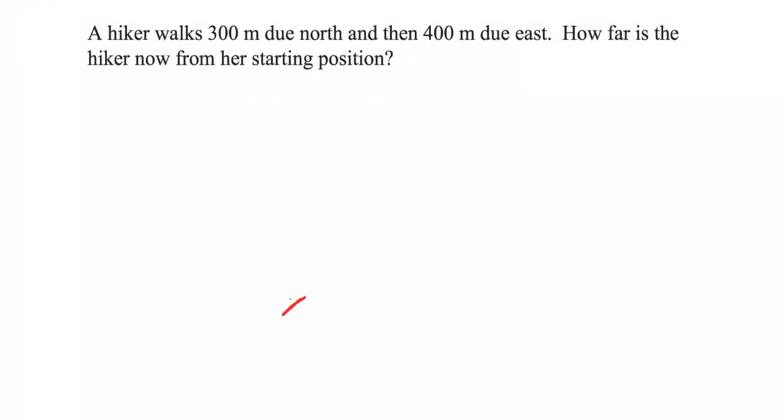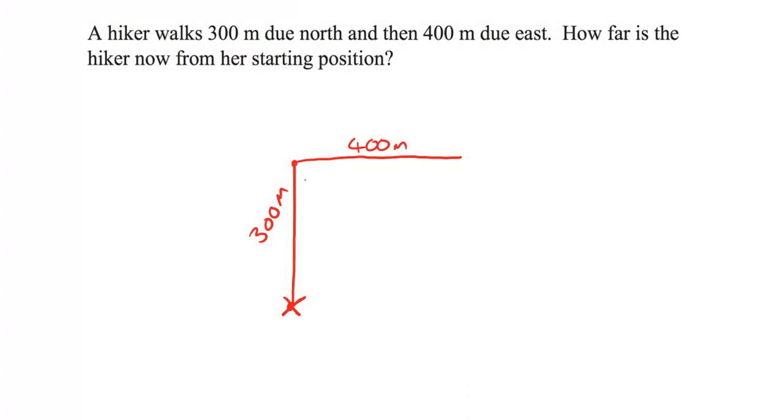So let's imagine this cross is the starting position and we are looking down on a sort of plan view at this hiker. So if I'm going to be walking north 300, I'm going to imagine that's going up and I've got 300 meters there. And then I'm going to go east 400 meters. So that might look a little bit like that. Okay, 400 meters east.